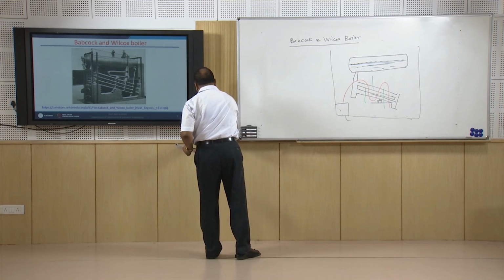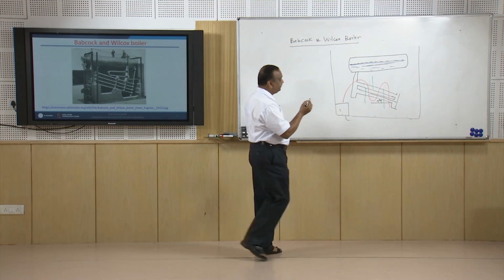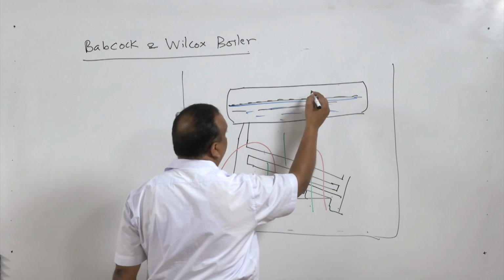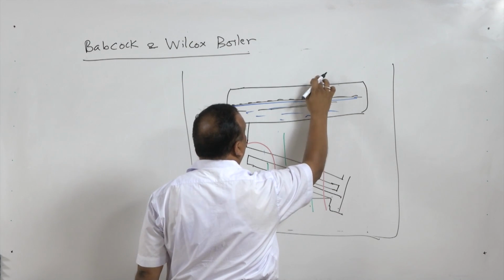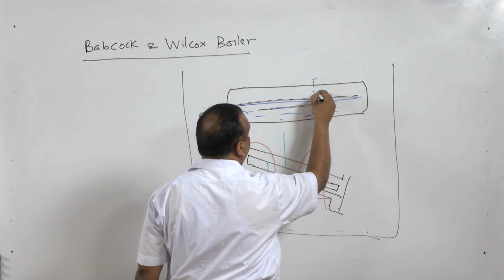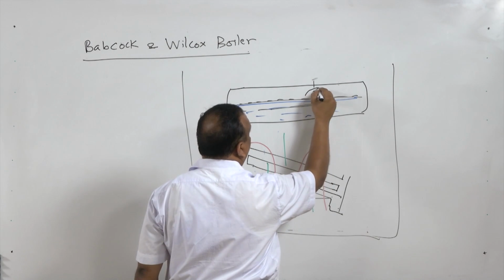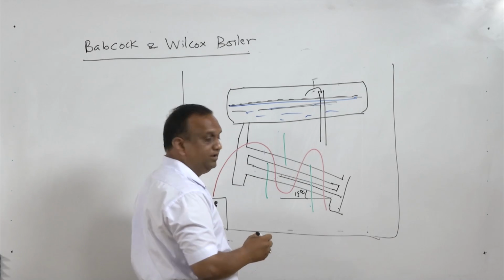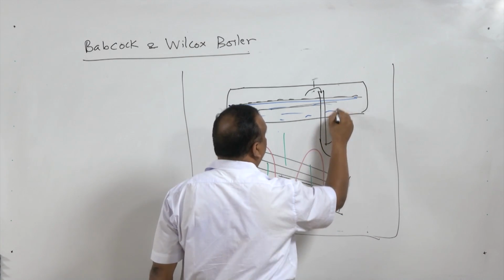Now suppose I want to have a superheated steam. In order to have a superheated steam, we can make a trap here also. Steam is taken from the upper part of the shell. It is recirculated in the boiler body and it is taken out.